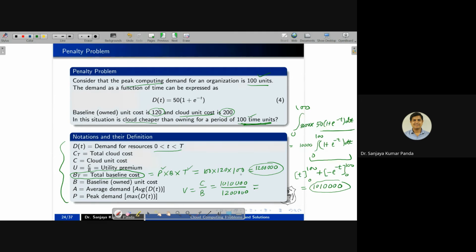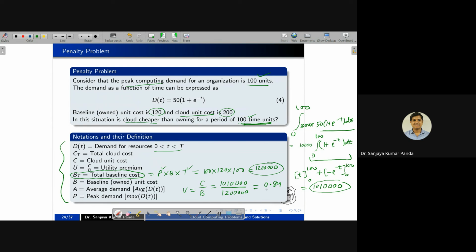Can anybody tell what ratio you will get here? You will get 0 point something. How much are you getting? 0.84, right?